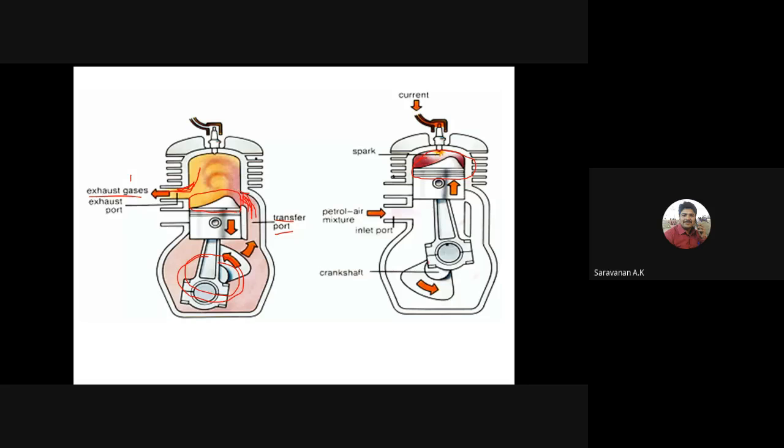If it is a flat system, what will happen? The fresh charge will go directly out to the atmosphere, right? To avoid this situation, we use a different shape at the top of the cylinder head, right?